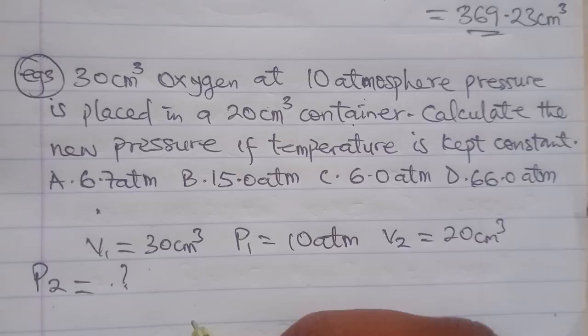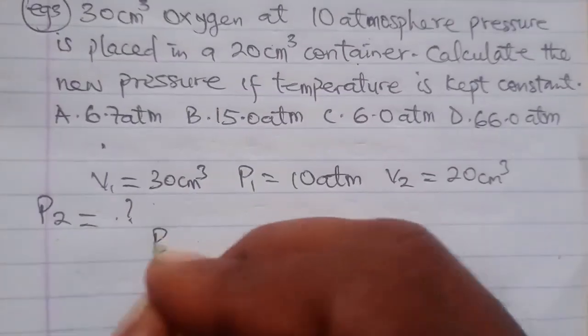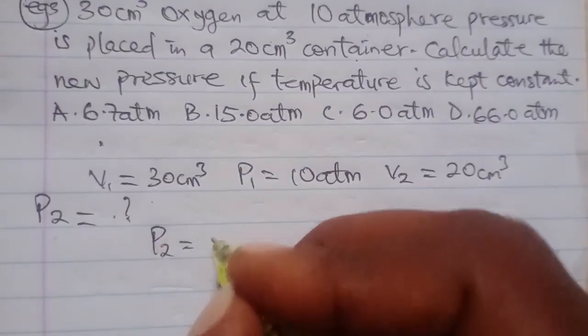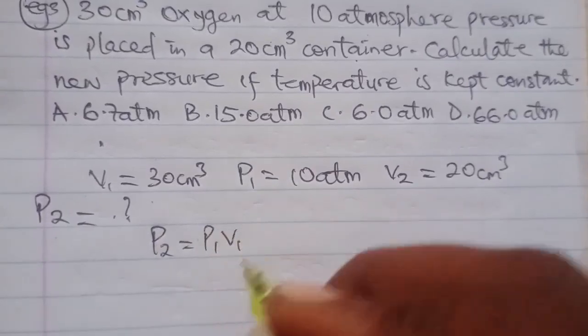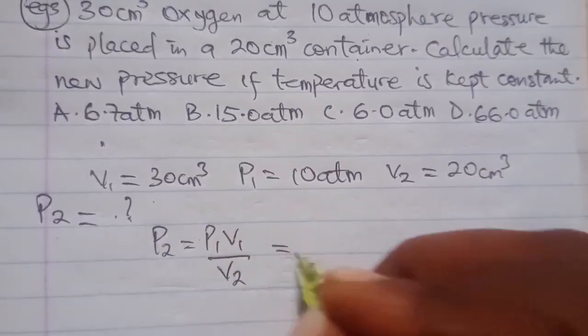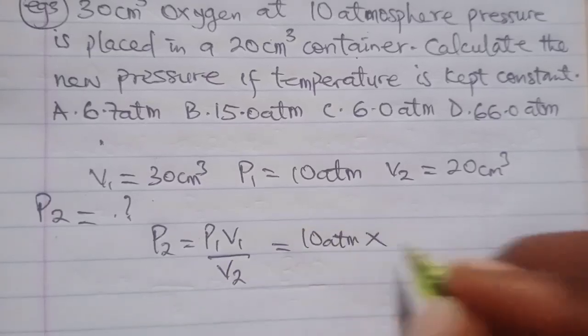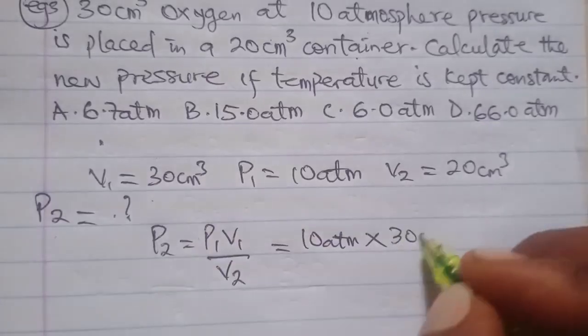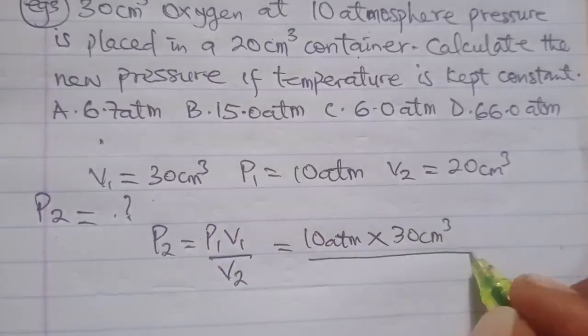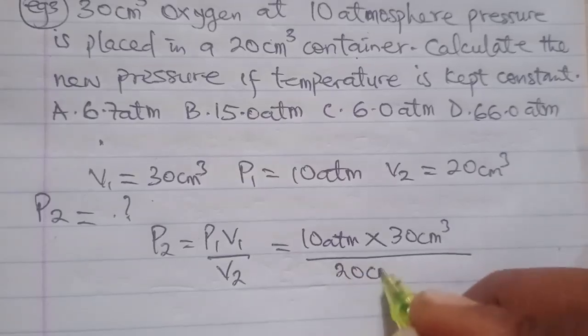So we do that by making P2 the subject of the formula, which is going to give us P1V1 over V2. If we plug in the values, we have 10 atmosphere times 30 cm³ divided by 20 cm³.